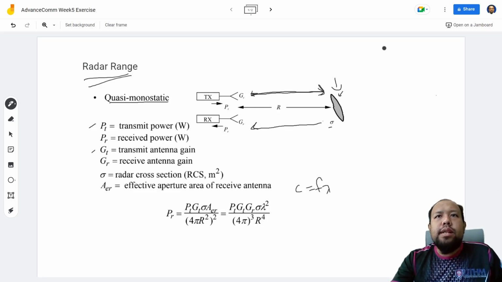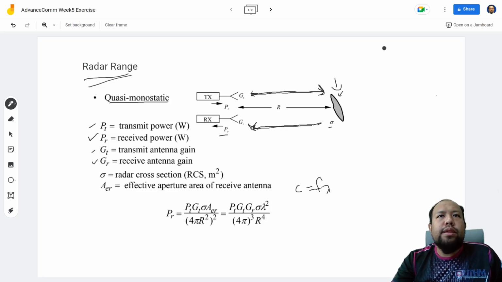When the signal is reflected from the object, it goes to the receive antenna, and this antenna has GR, which is the receive antenna gain, and then we can get the value of the receive power.